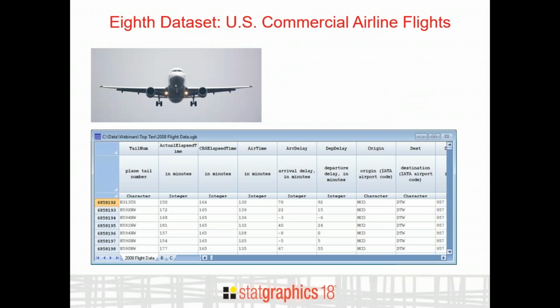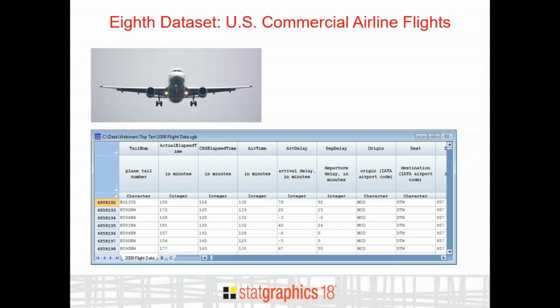For graph number 10, I've picked the last data set that I want to look at today, my 8th data set. This is a data set having to do with commercial airline flights in the United States. I have a data file. It's called 2008 flight data with almost 7 million rows.